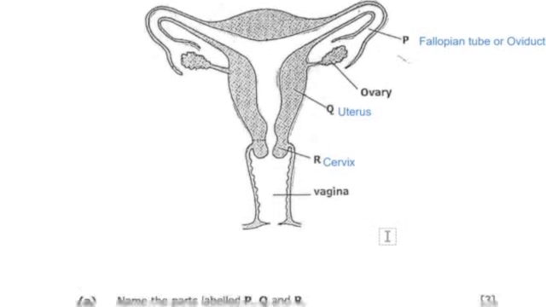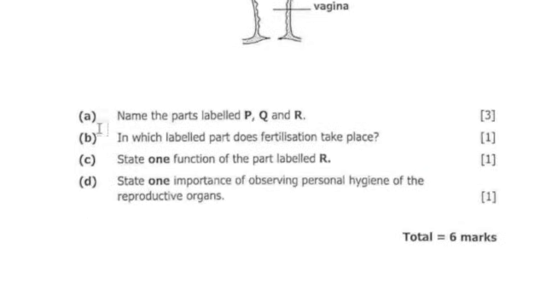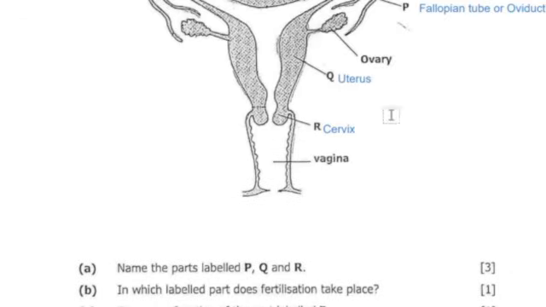So let's go to question number 1. Question number 1 is name the part labeled PQR. Like I did earlier, I've labeled the parts already. So we have P, which is fallopian tube or oviduct, Q, which is uterus, R, which is cervix. Those are the answers.